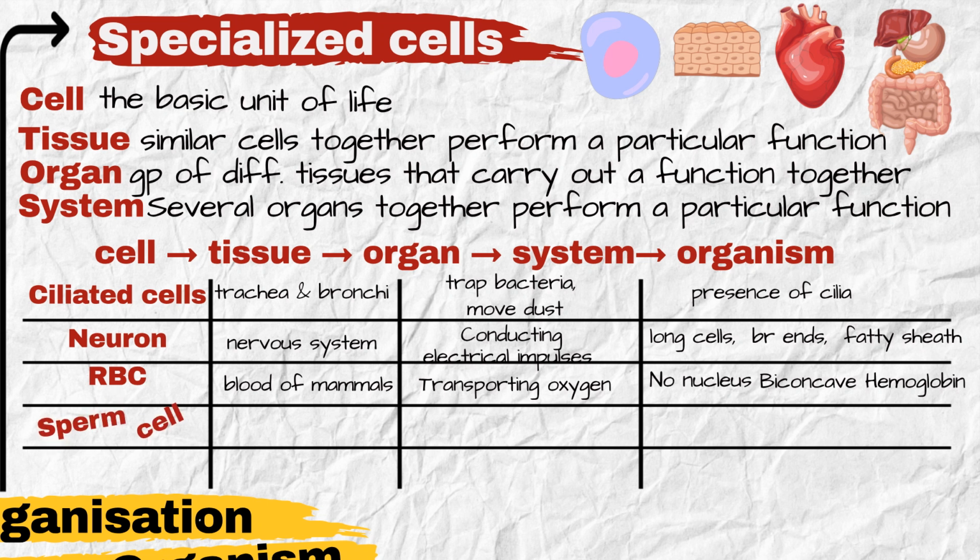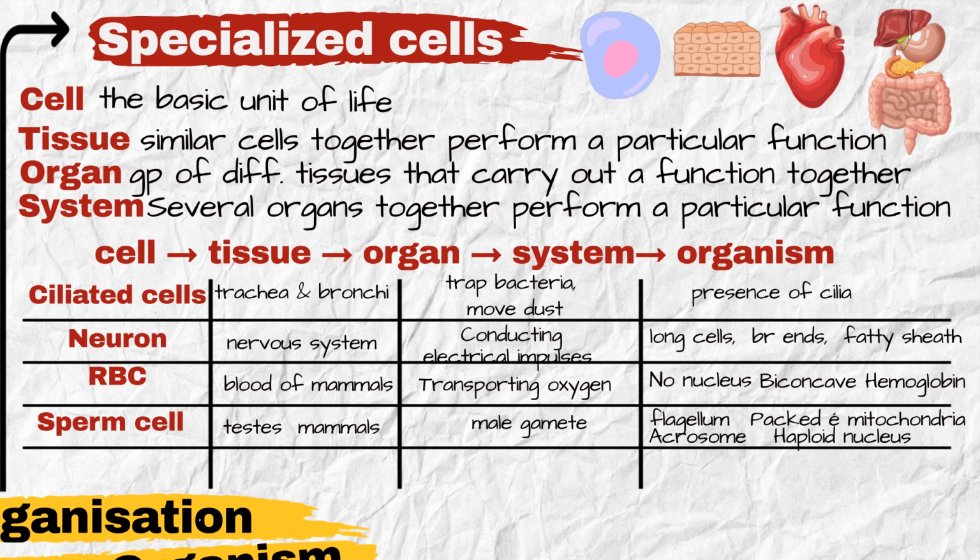Fourth, sperm cell. Place, produced in the testes of mammals. Function, the male gamete in sexual reproduction. To do its function, it has a flagellum for movement, is packed with mitochondria that release energy for swimming, an acrosome that contains enzymes to penetrate the egg, and a haploid nucleus, half the genetic material.